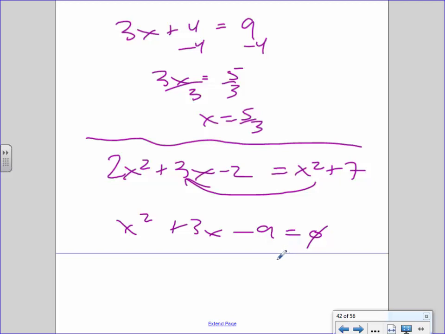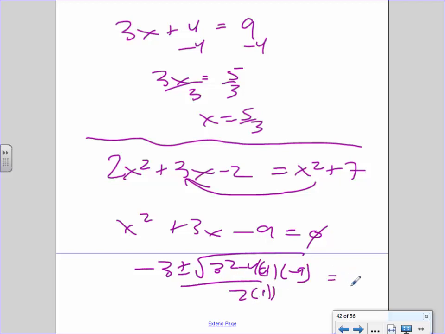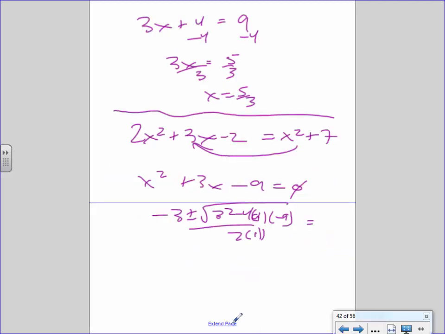I don't think I can factor this. I don't think I'm going to find numbers that equal 3 or 9, so I'd probably do something like this. A is 1, C is minus 9, and that'll give me my answers. I don't know if you guys have been realizing this, but this is what we've been building to the whole way through the year, is how to solve new types of equations. So linear equations, quadratic equations.